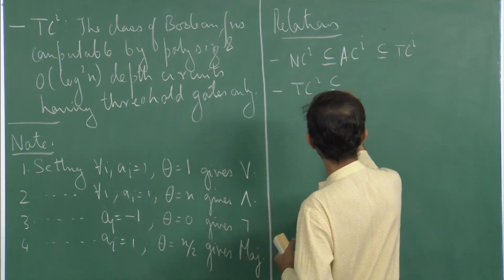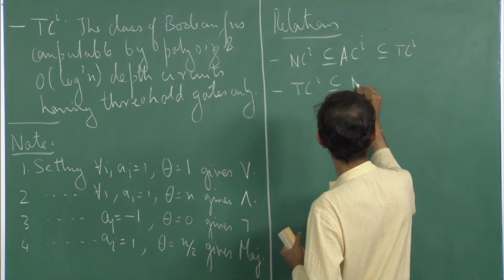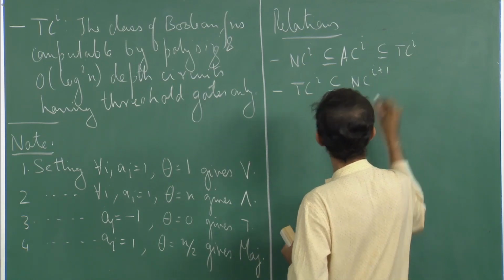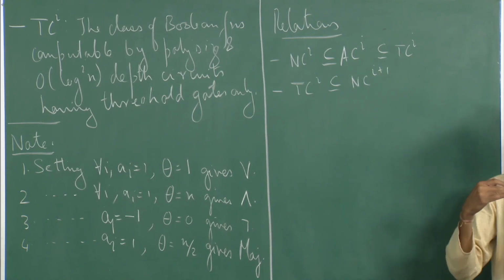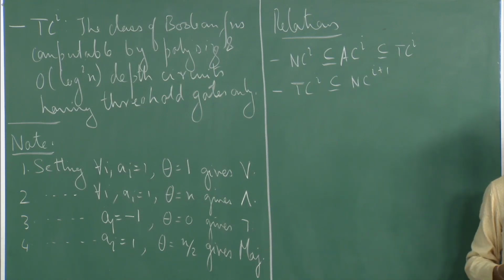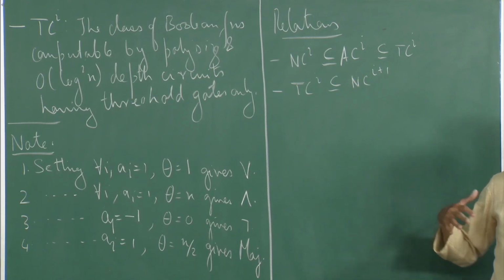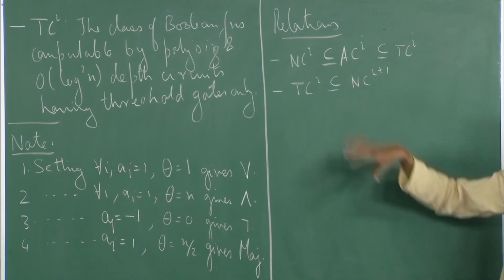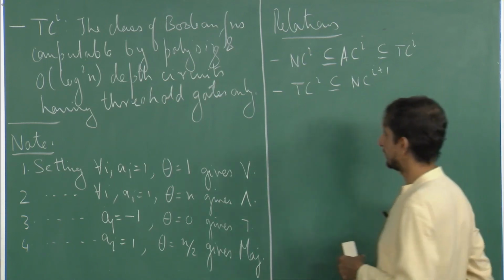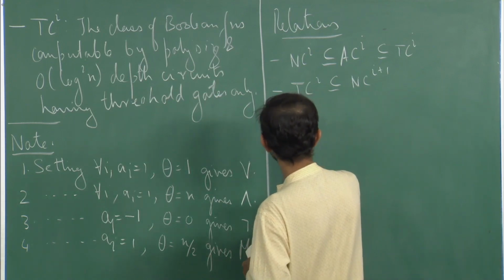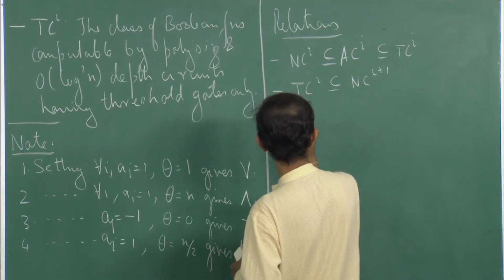Okay, but one can also show that TCI is actually in NCI plus 1. So if you add another multiplicative factor of log n layers, then you can do TCI as well. The way to prove this, I will leave as an exercise, this is not difficult.